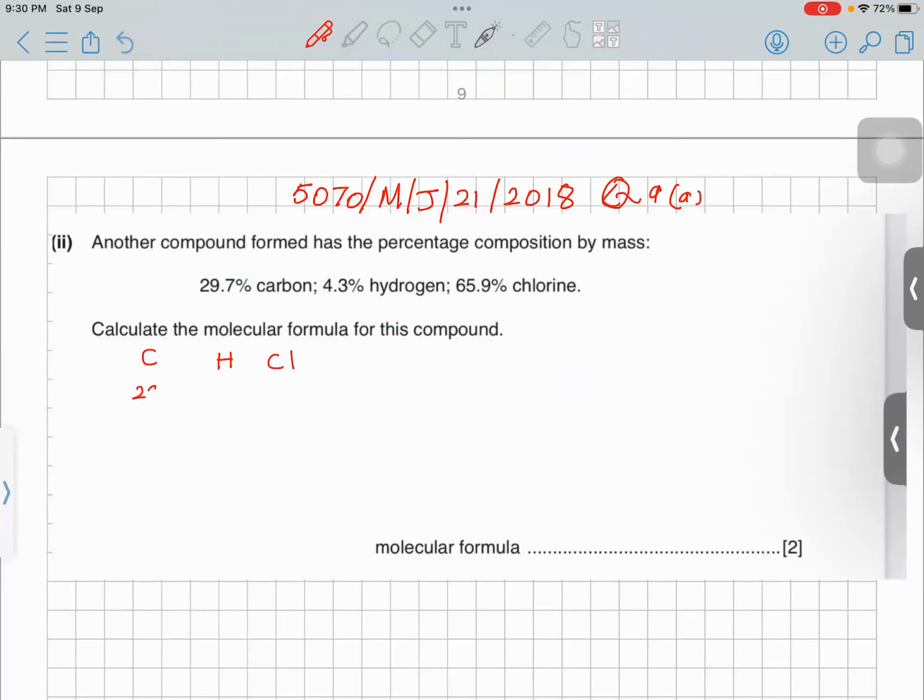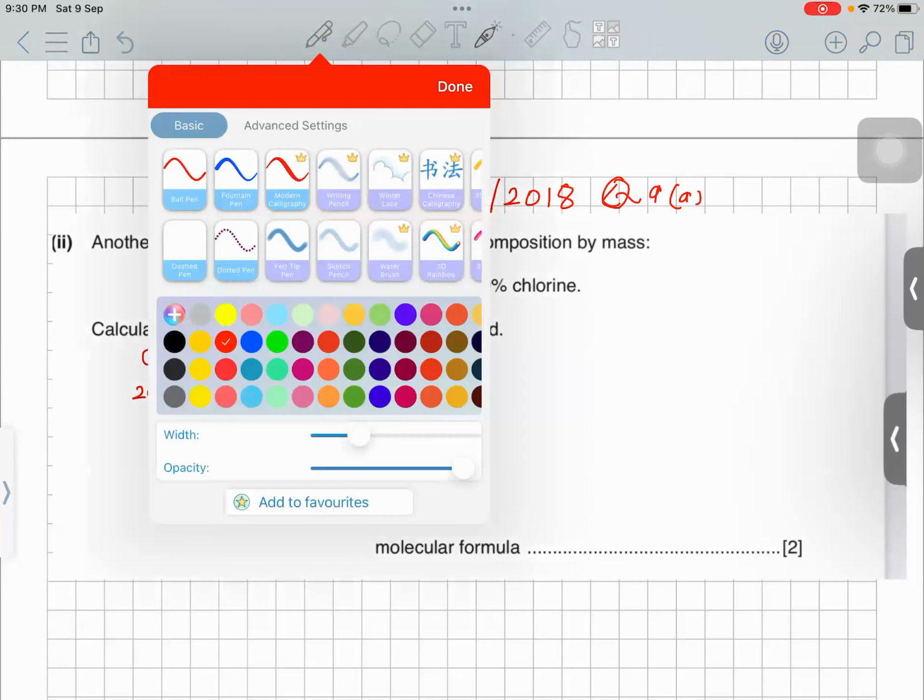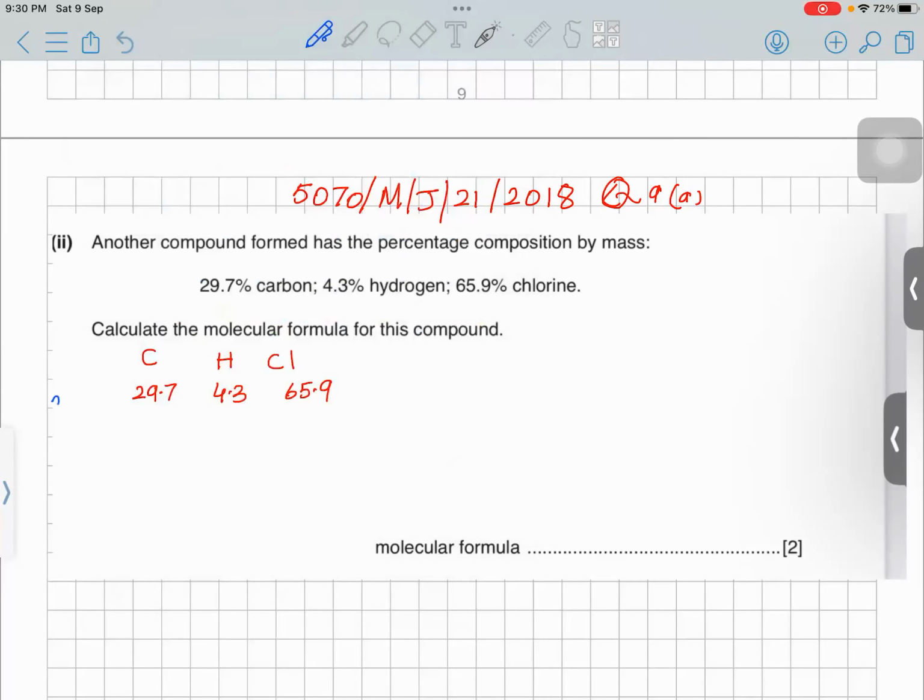Carbon is 29.7, hydrogen is 4.3, chlorine is 65.9. So first find moles. Mole is equal to 29.7 divided by 12 because the AR of carbon is 12. Hydrogen is 1. Chlorine is 35.5.